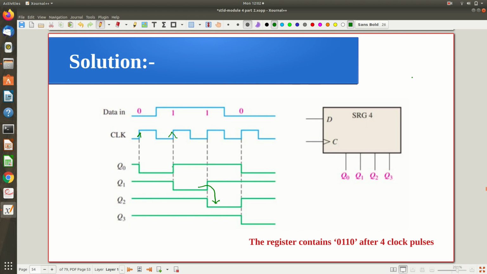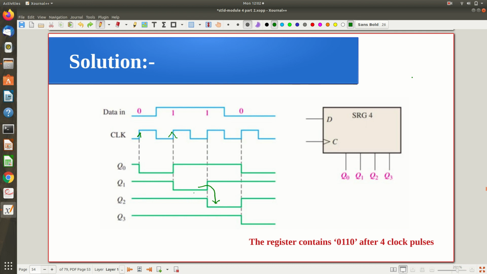And the Q0 behavior will shift to, not this one, the immediate previous clock. The Q1 behavior will shift to Q2. Okay, and why this Q2?